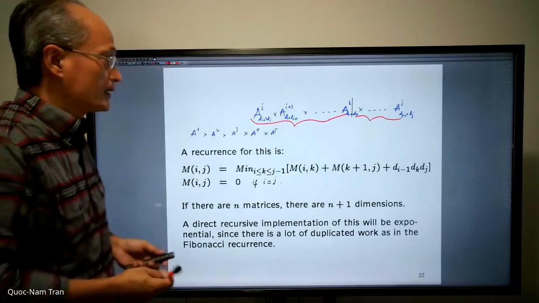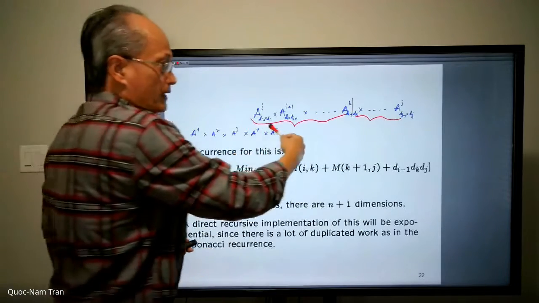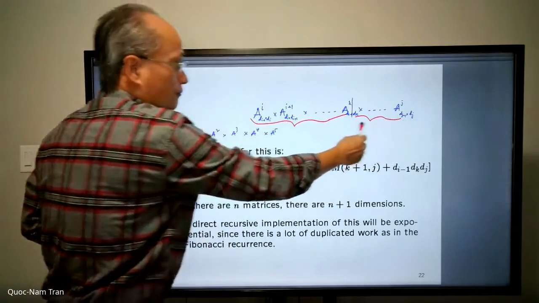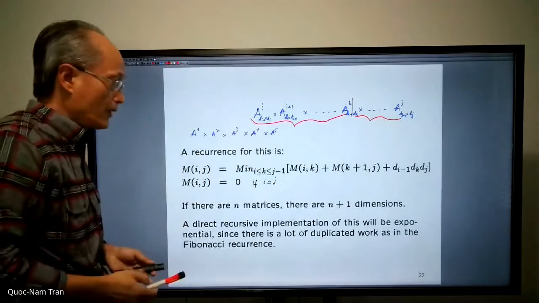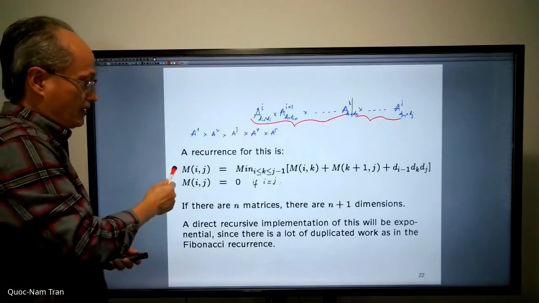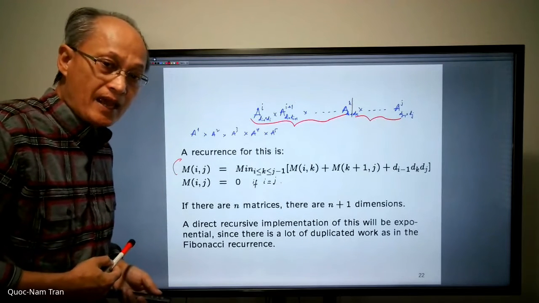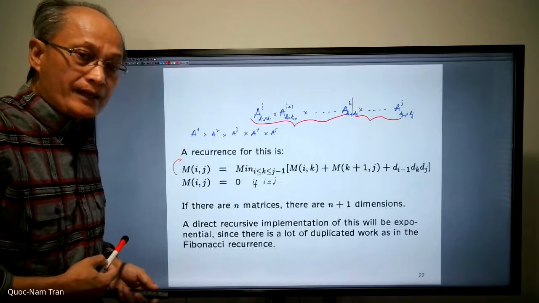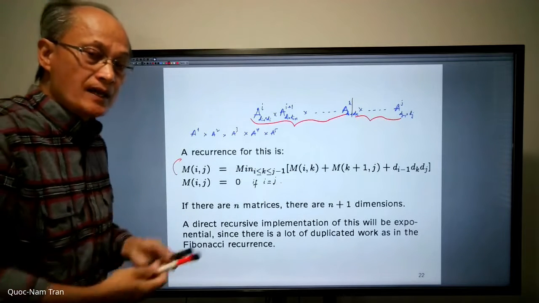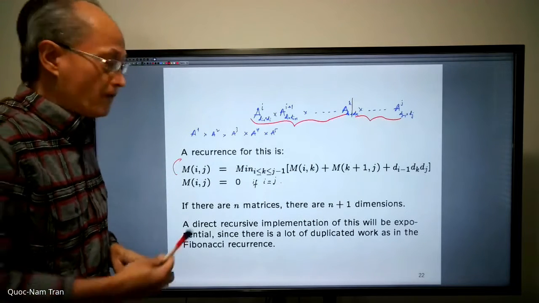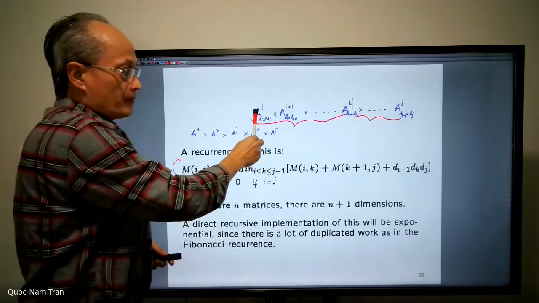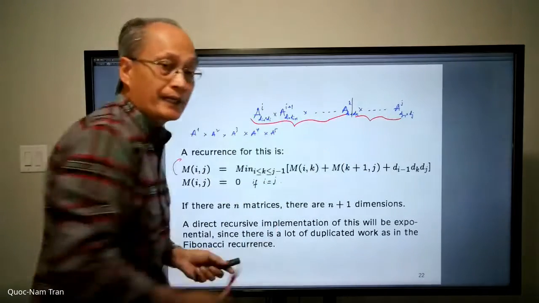So if we want to find the smallest number of multiplications for this sequence, then we call that number Mij, where Mij is the smallest number of multiplications we need for a sequence from matrix I to matrix J, right?